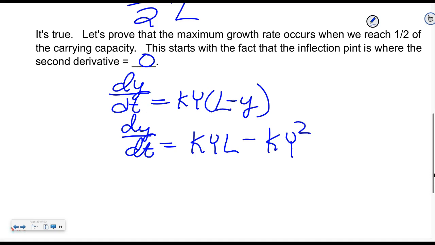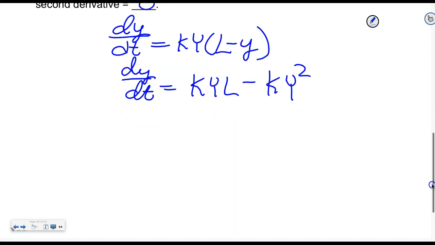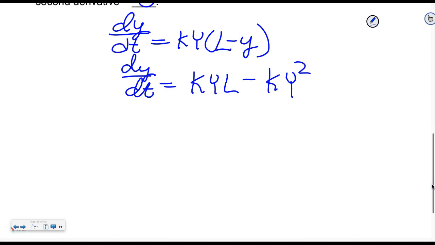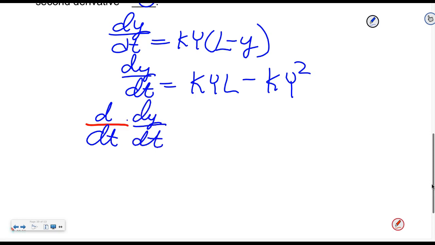Okay, now I'm going to take this second derivative. Some people last hour asked about this, because when I wrote it formally, I hit upon something I never really discussed last year. This is the second derivative, right? It's the derivative with respect to time of the first derivative.